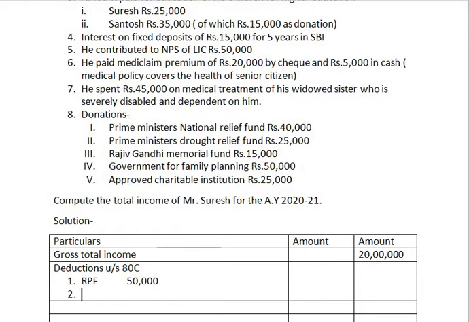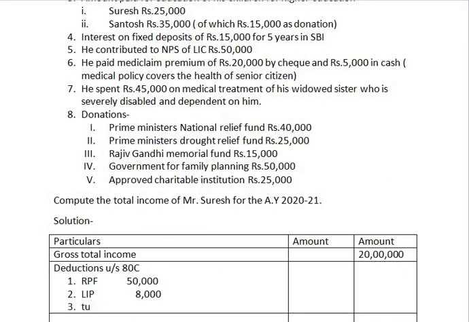So, 10,000 or 20% on 40,000, whichever is less. 20% on 40,000 becomes 8,000. Therefore, life insurance premium amount we take it at rupees 8,000 and not 10,000. I hope you are understanding this. Life insurance premium paid is 10,000 but policy is 40,000. So 20% of policy becomes 8,000. So that 8,000 or 10,000, whichever is less, will be taken.